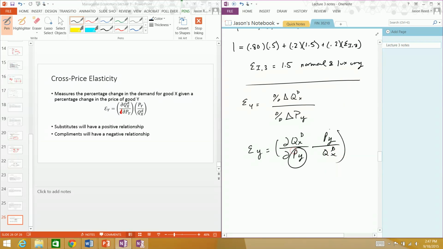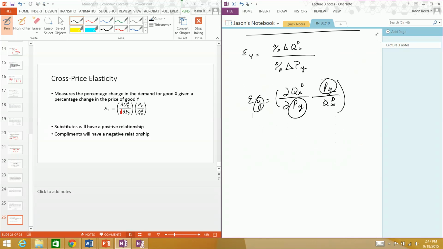And again, this Y, Y, and Y all show up. So make sure that if you forget the specific formula, you're using that general point price elasticity method, okay?